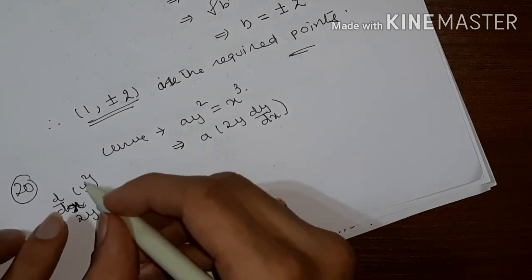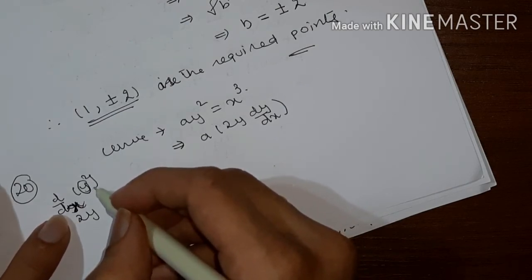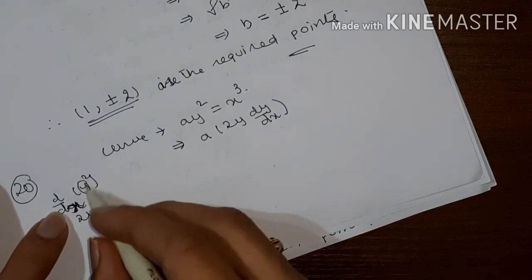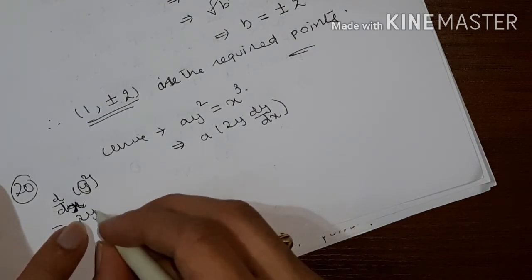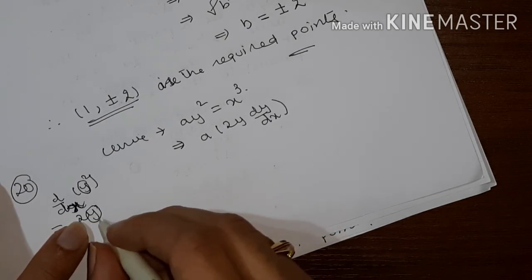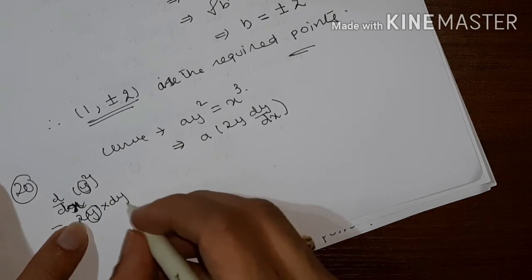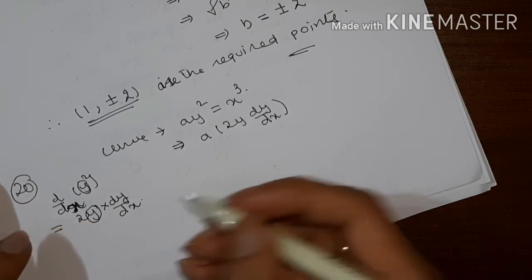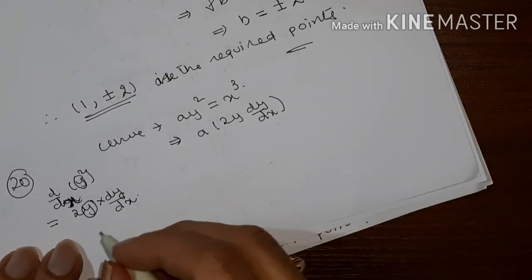See, this y that we have is a function of x, right? So you have to take the derivative as it is of y square, that is 2y, and again this function is not x, this is y, so you have to take the derivative of that, so that is dy by dx. Okay, that is the chain rule.